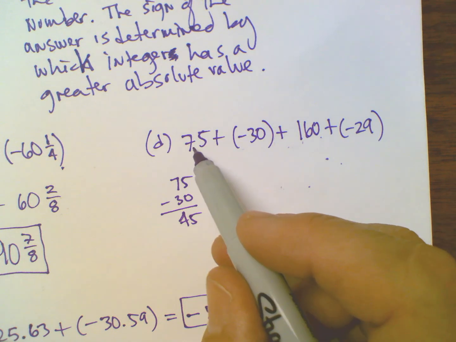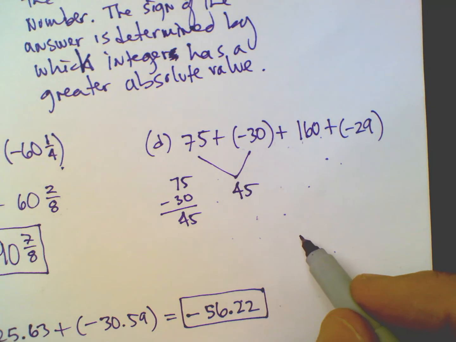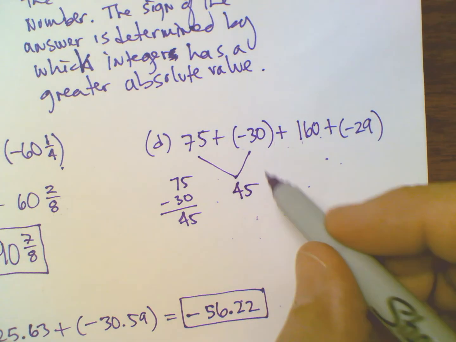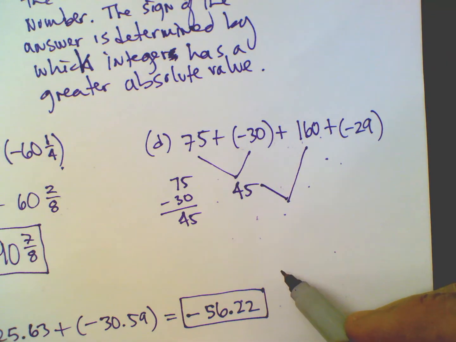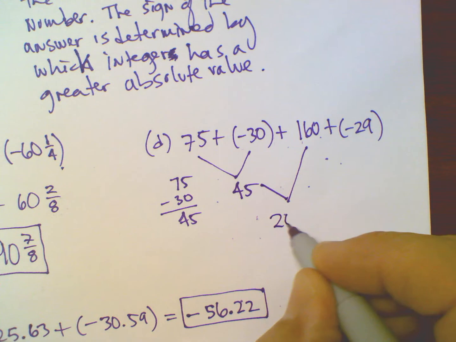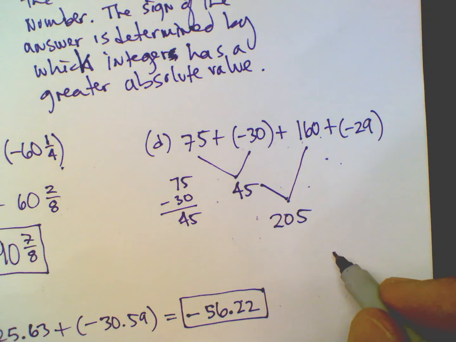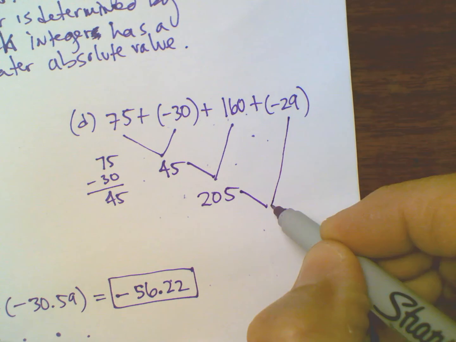The 75 is, and it's positive, so those two add to 45. Next, this positive 45 and positive 160: both positives, so we can just add those numbers, 205, correct?